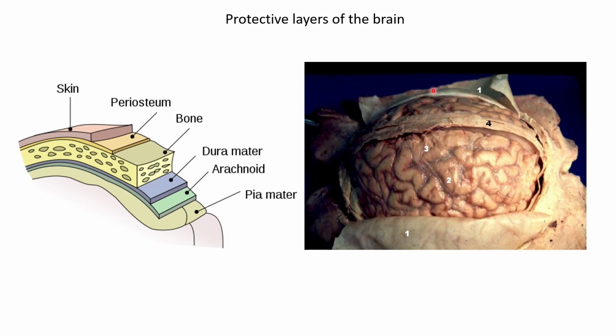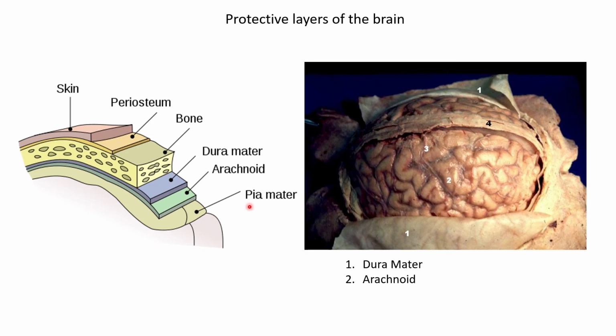This is called the dura mater. So this is a fibrous layer that is just below the skull and it is covering the brain. And then below dura mater, you have another layer called the arachnoid. It is also a fibrous layer that is covering the whole brain. And then below the arachnoid, there is another layer, the third layer called the pia mater.